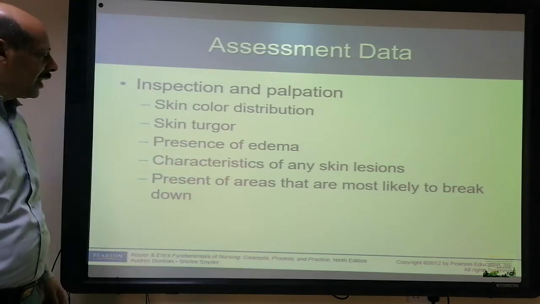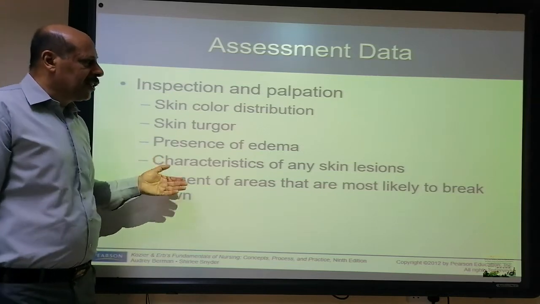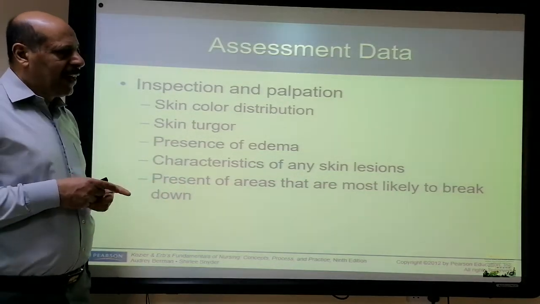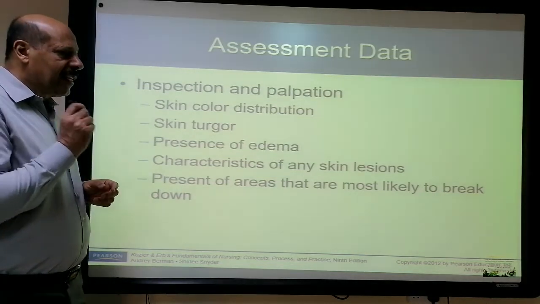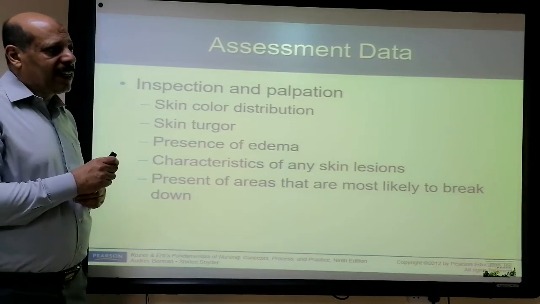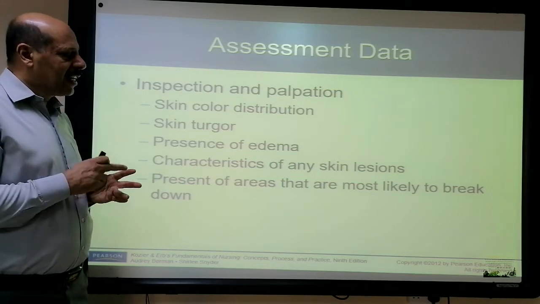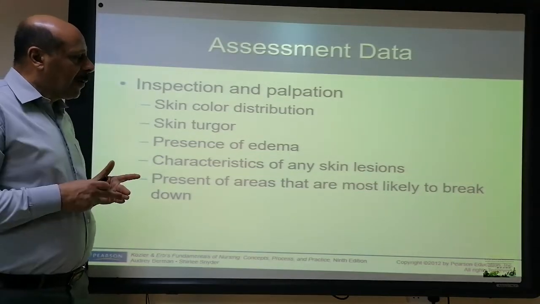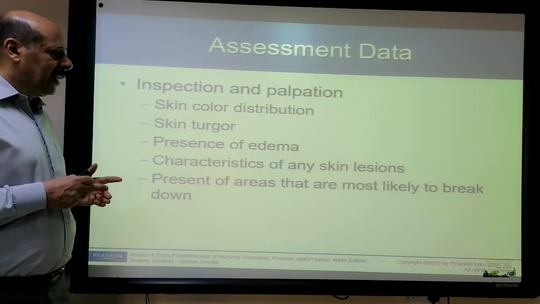Characteristic of any skin lesion, if it is present, we have to describe that region, the color of the lesion itself, the size of that lesion, the depth, if it is deep or not. If there is excretion from that lesion, we have to see what kind of excretion is there. Is it a pus excretion? Is it a serous fluid? Is there any smell coming out from that excretion or that lesion?